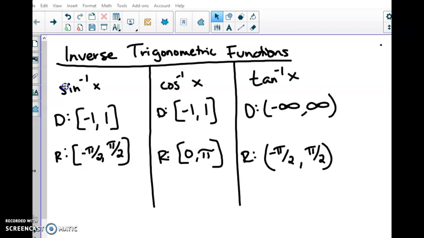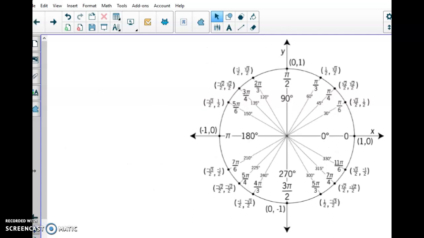Sometimes you'll be asked to evaluate an inverse sine function or inverse tangent function without using a graph or a calculator of any sort. Generally, when this happens, it is with the unit circle.